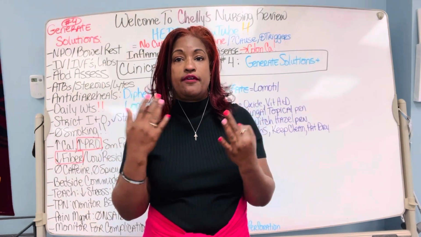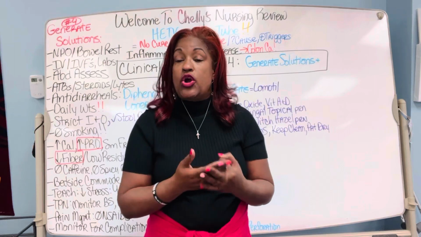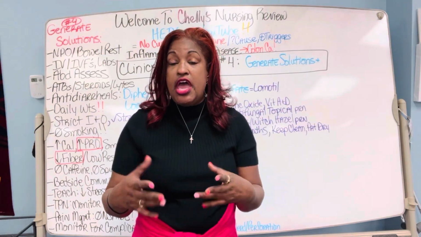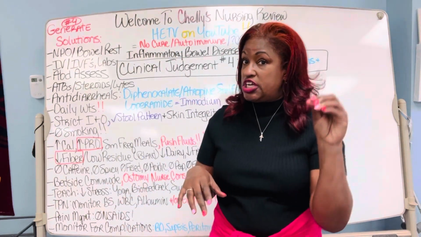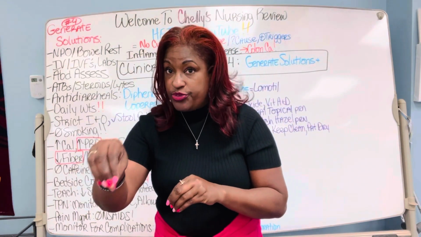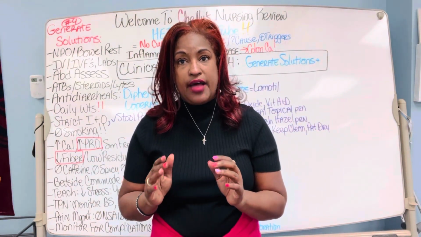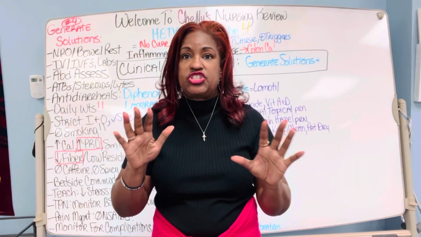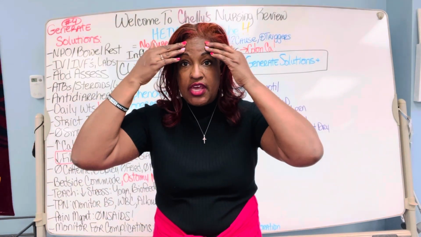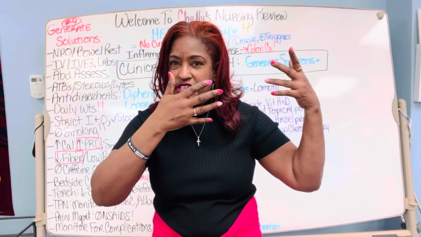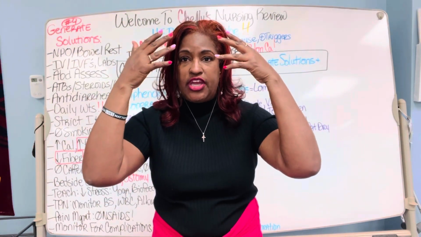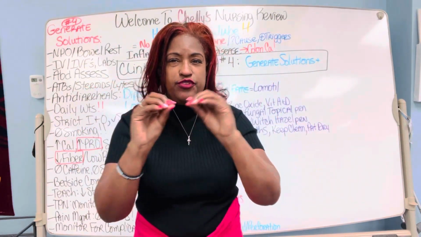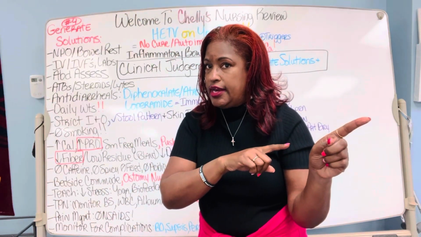Then we gave you a video on prioritizing your hypothesis. We said that when we're looking at number 3 of the clinical judgment model, prioritizing your hypothesis, you have to be very careful because that's where the test is trying to see if you will confuse this diagnosis with something similar to it. So maybe they'll take Crohn's and see if you're confused with ulcerative colitis.